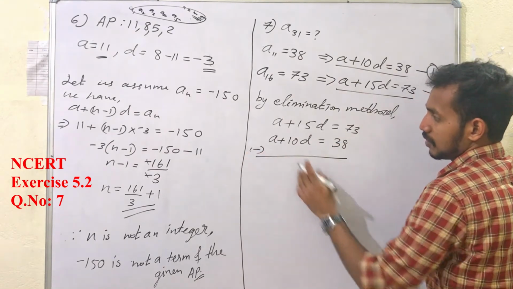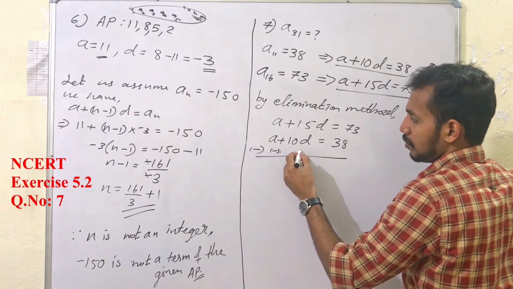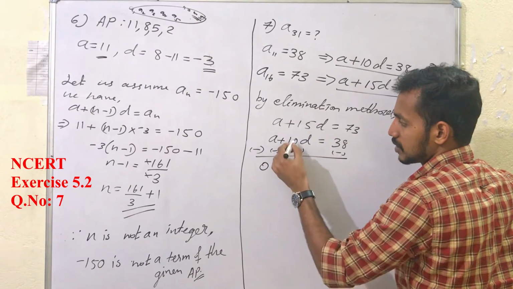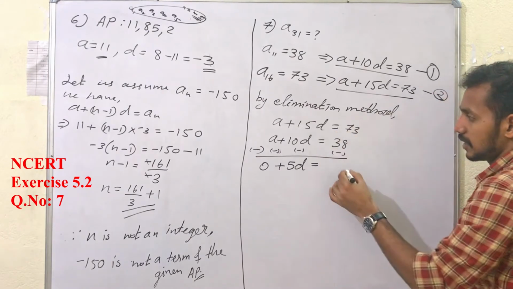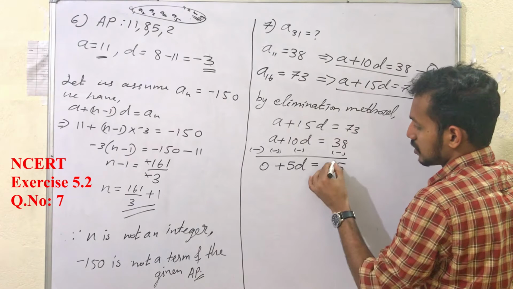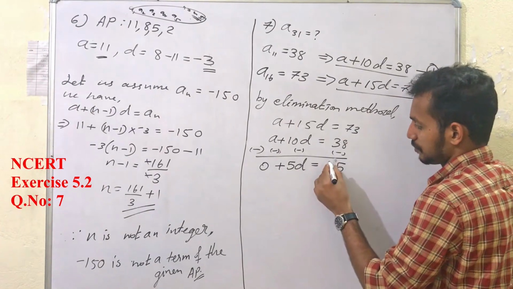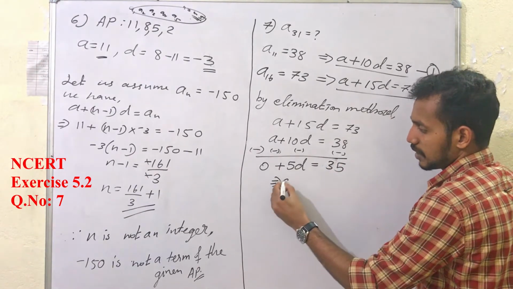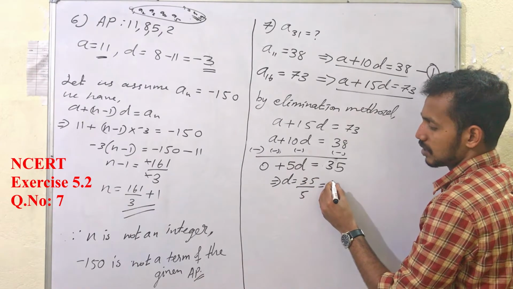Subtract it. a minus a is 0. 15d minus 10d will be 5d, which is equal to 73 minus 38, that is 35. That implies d is equal to 35 divided by 5, which is equal to 7.